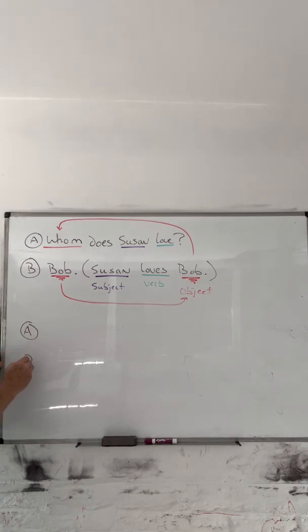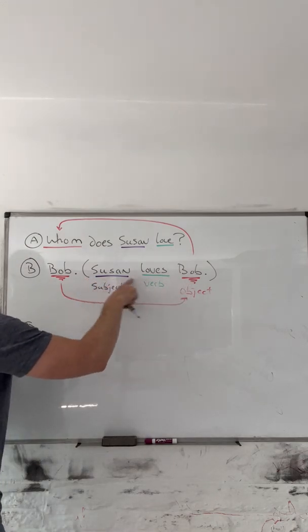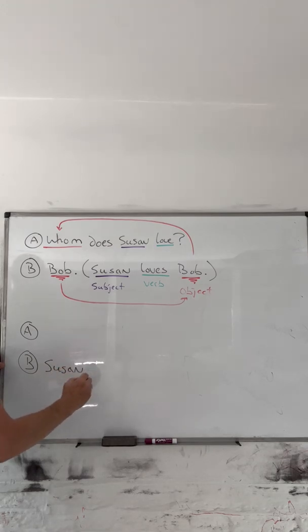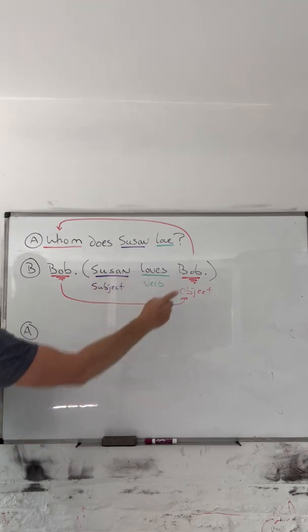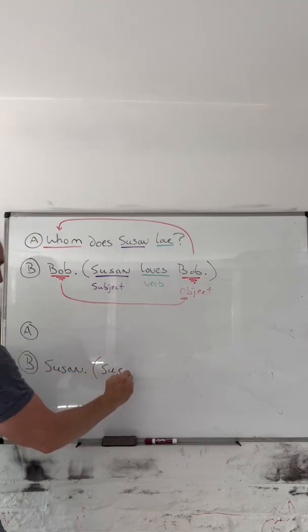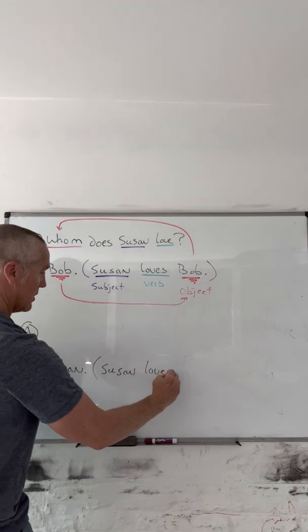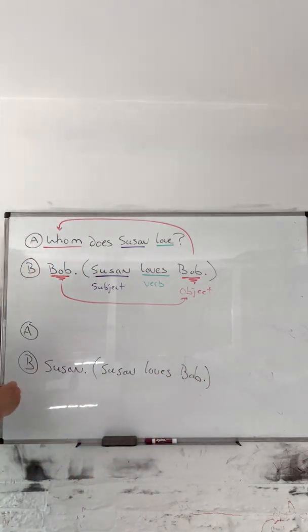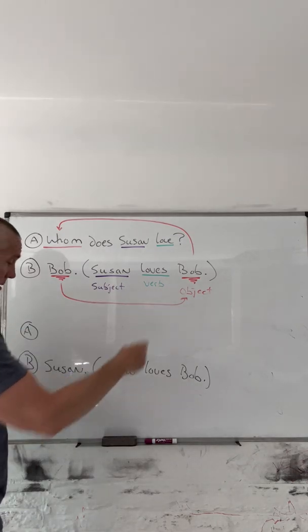Now, let's do another example. I'm going to use now the same exact long answer, but now we're going to have a different information right here. Susan, and that's the short answer, but the long answer is going to be the same thing, just like this. Susan loves Bob. There's the long answer. And again, here it is.